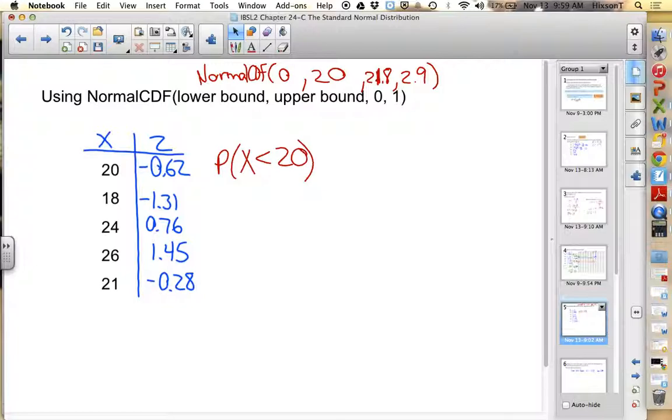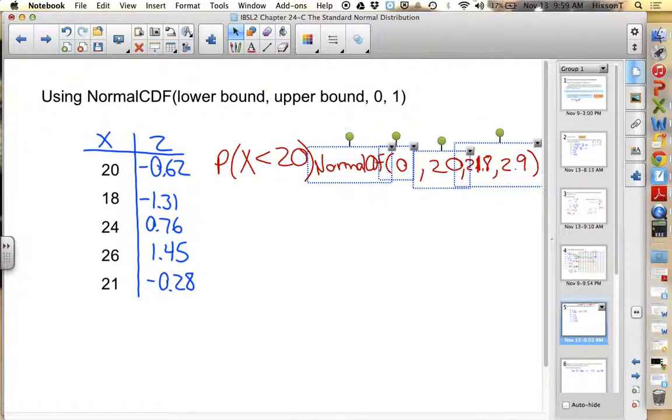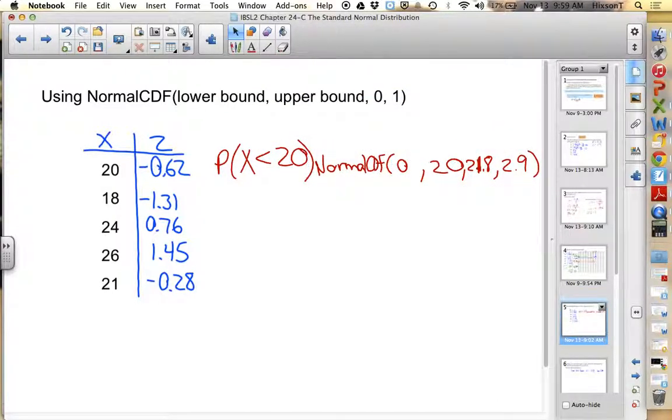But one of the challenges we ran into the other day was making sure that our lower bound was low enough or our upper bound was high enough. This is one thing that using our z's actually makes simpler.